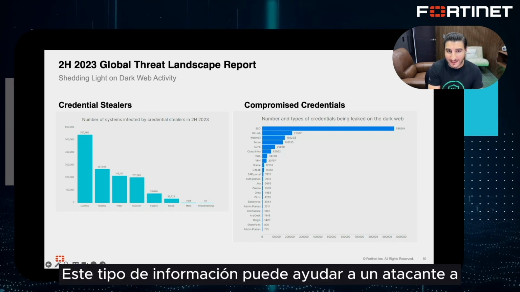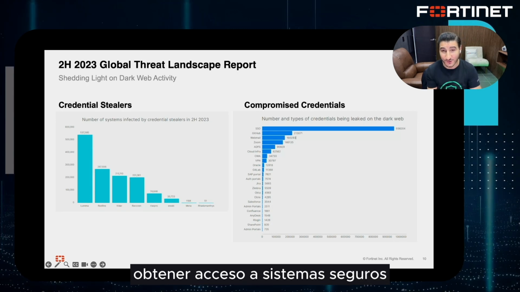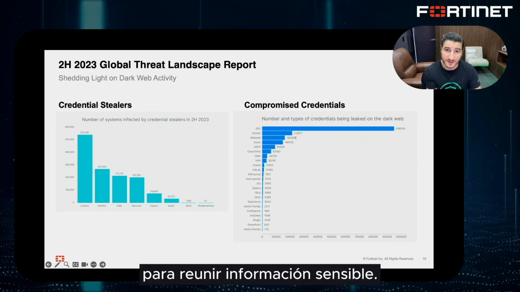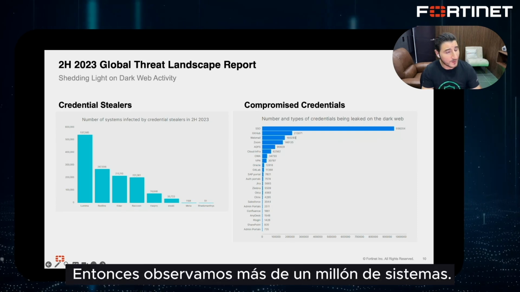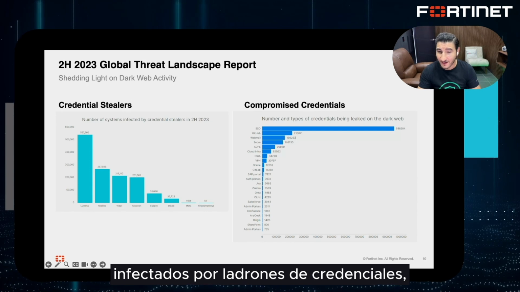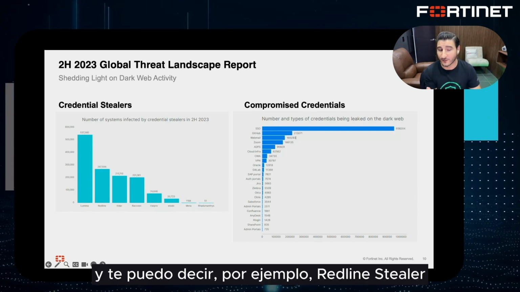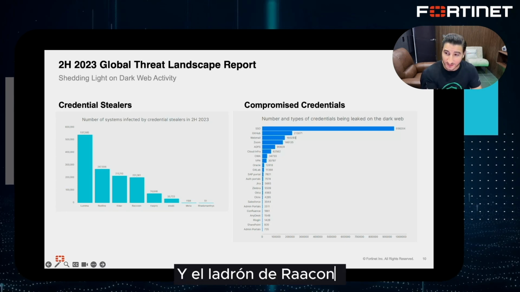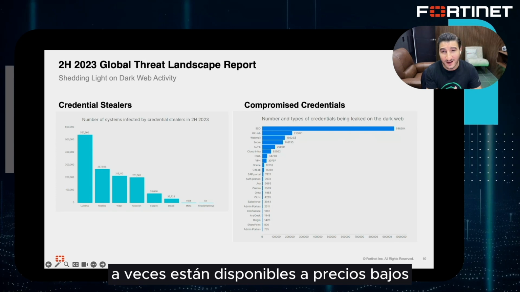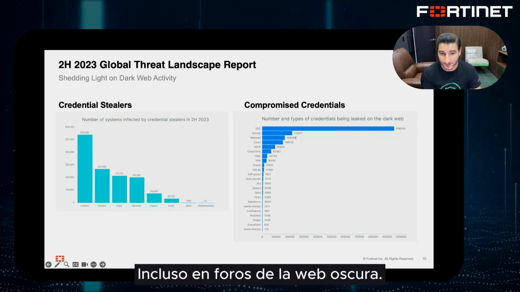So this kind of information can help an attacker gain access to secure systems or secret networks to gather sensitive information, right? We observed more than 1 million systems infected by credential stealers. And I can tell you, for example, Redline Stealer and Raccoon Stealer logs are sometimes available at low prices, even in dark web forums, right?